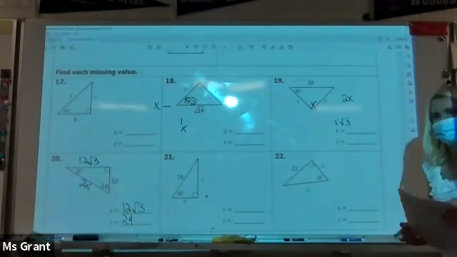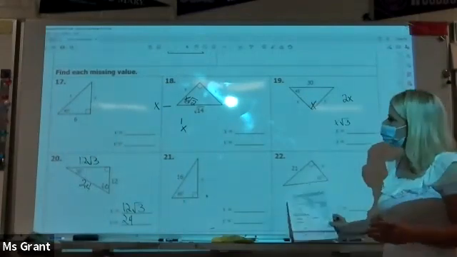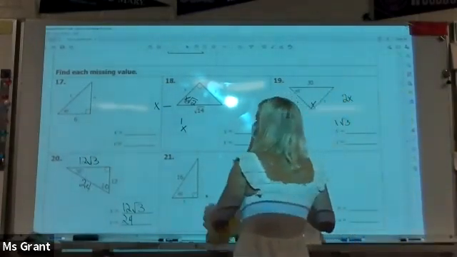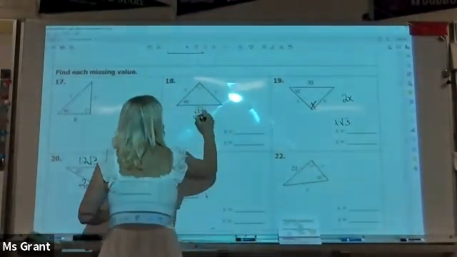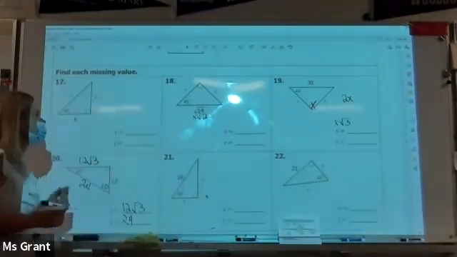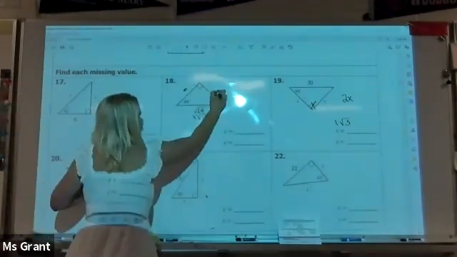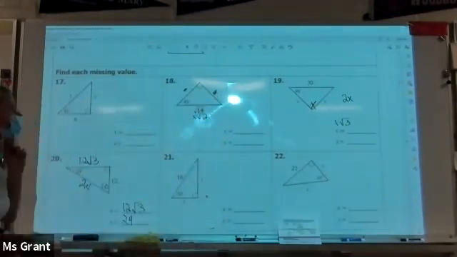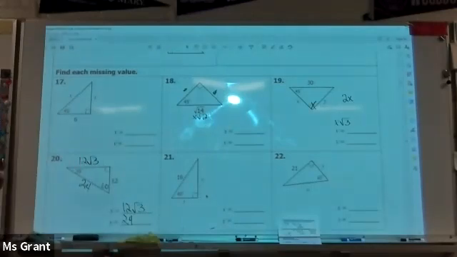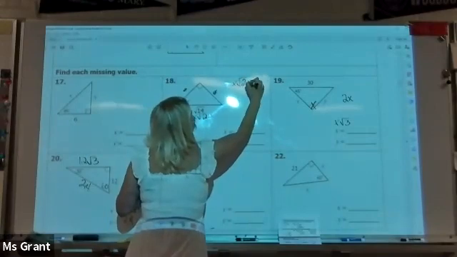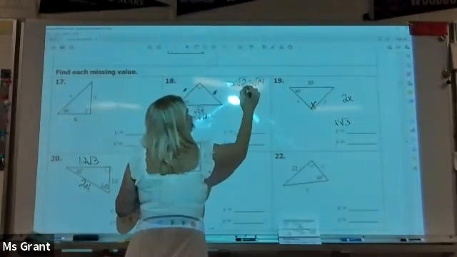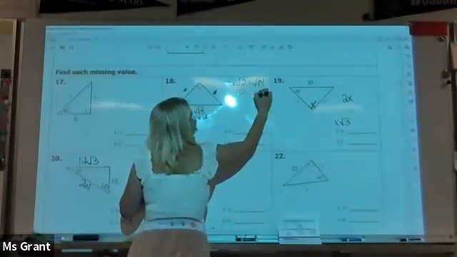Do 18. Can you do 18? Oh yeah, 18 is harder. Because opposite the 90 is x rad 2. I'm not a fan of these x's and y's. It's confusing. So x rad 2 equals rad 14. So I'm dividing by radical 2.